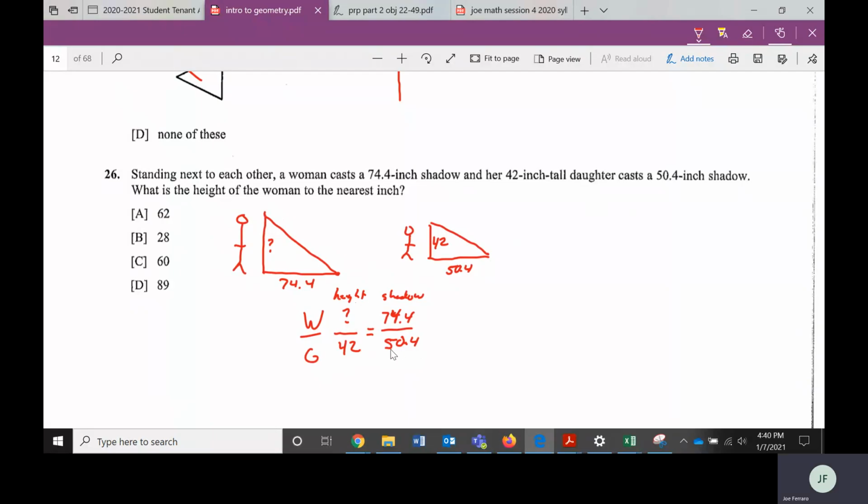Now to solve this, it should be pretty simple. Let's just cross multiply and divide. If you didn't have me last session, or you don't remember, take the diagonal that has two numbers and multiply them. So 74.4 times 42, and then you divide by the third number.